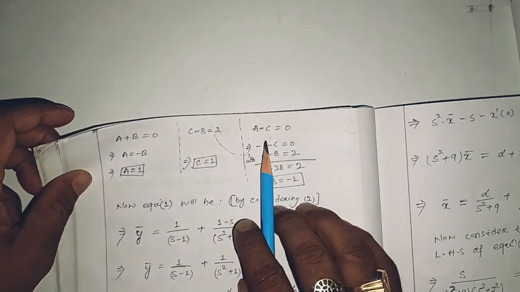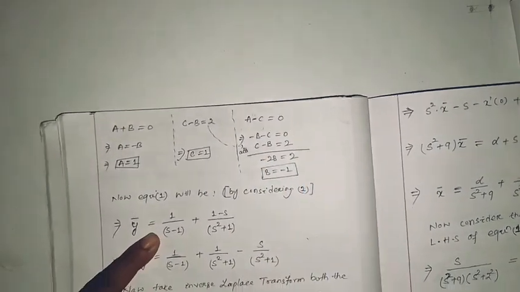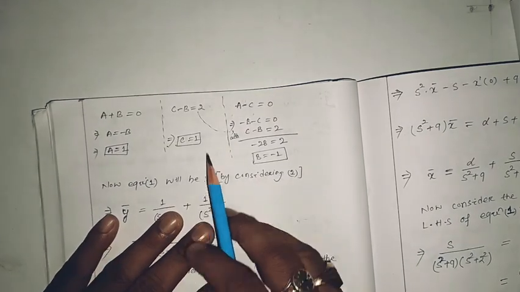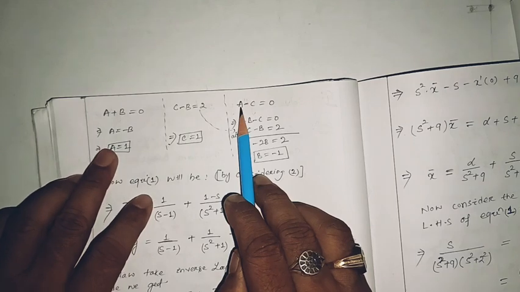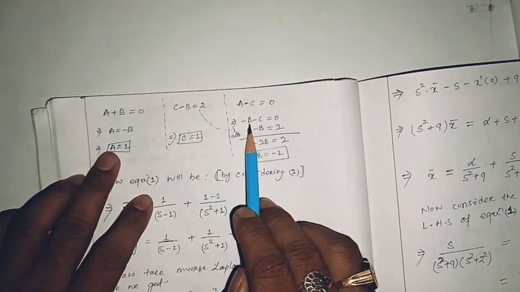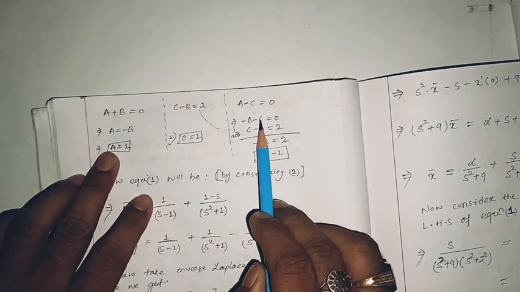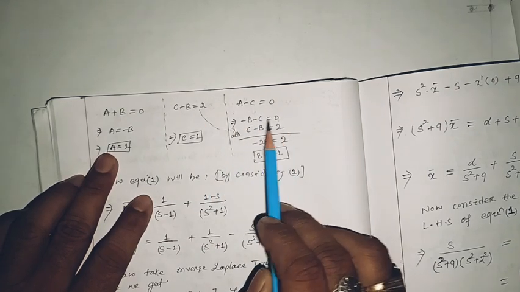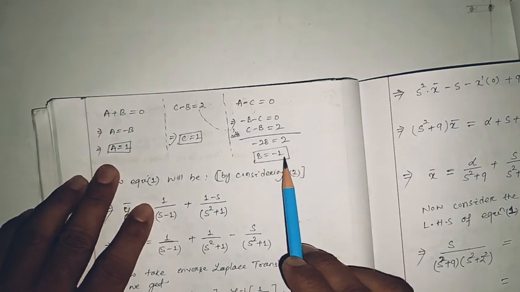So C minus B will be 2 and A minus C will be equal to 0, right? So here if I consider, instead of A, equal to minus B, this will be minus B minus C equal to 0, and just add this with C minus B equal to 2, so minus 2B equal to 2, B equal to minus 1.